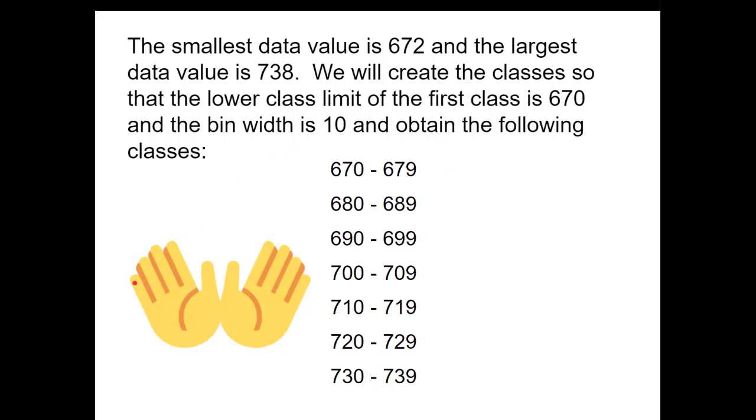Here we have 670, 671, 672, 673, 674, 675, 676, 677, 678, 679. Okay, so here we have all of these are 10 numbers. It's going to seem weird because it's going to go up to 679. Okay, but it is 10.